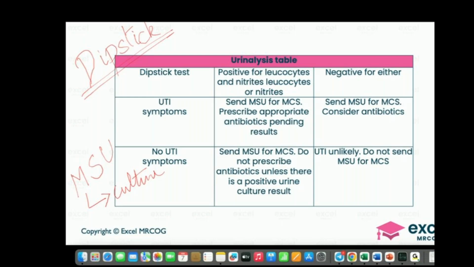The next column says, suppose that the urine that you tested initially was positive for leukocytes, negative for nitrites. What would you do now? Quickly. Send culture? Why? If either leukocytes or nitrites are positive, we have to send, no, ma'am.